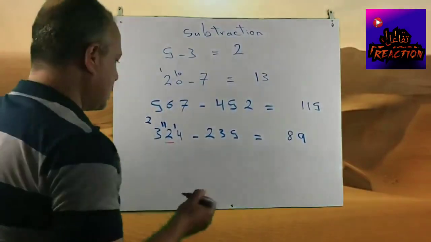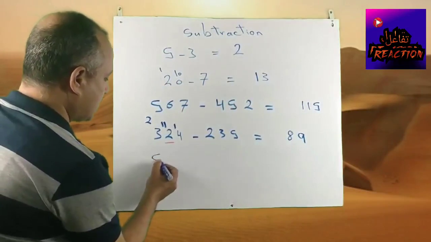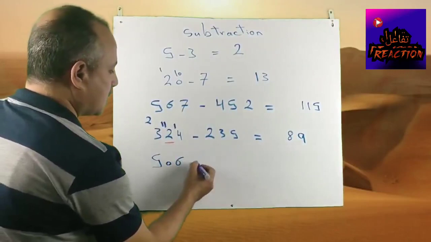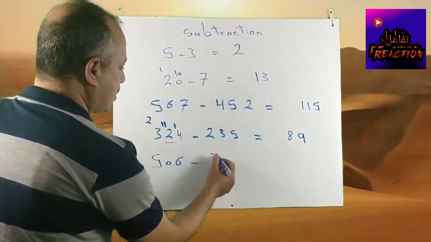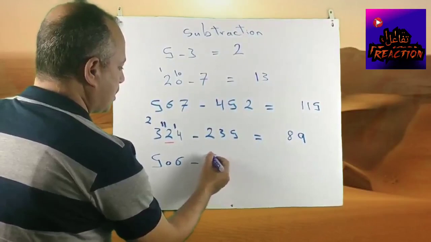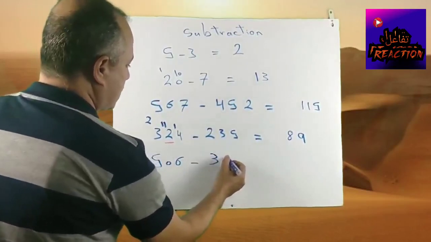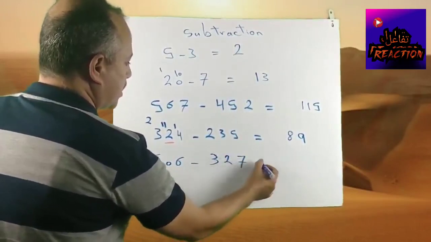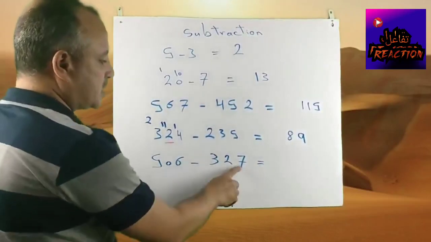Another example to illustrate something to you. If we say 506 minus 327 equals. 6 minus 7.